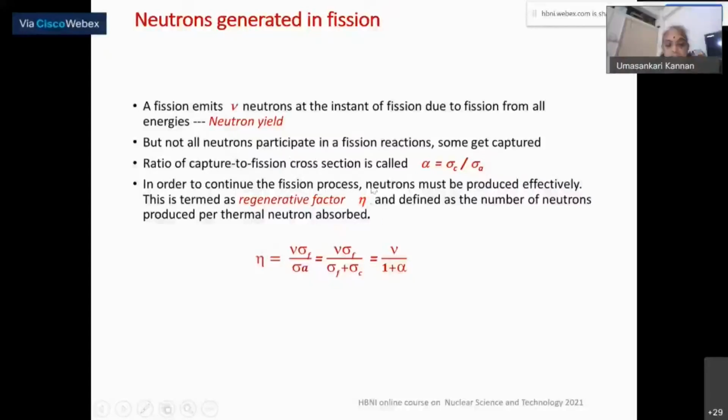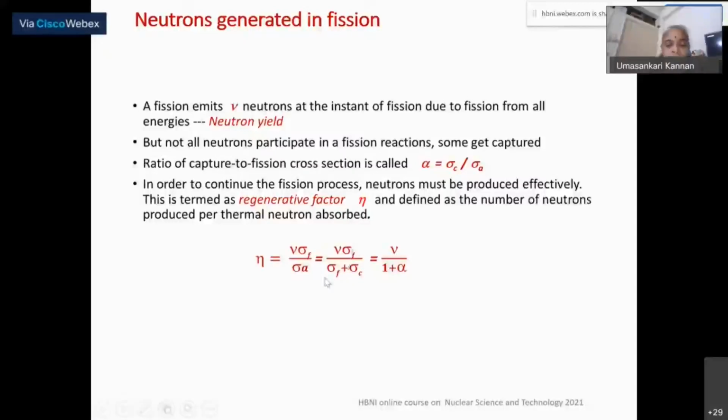That is given by the factor eta, which can be expressed as nu sigma F by sigma A. Nu is the fission yield, sigma F is the fission cross section, and sigma A is the thermal absorption cross section. So this ratio is called the regenerative factor, or eta, which is the most important for reactor design.